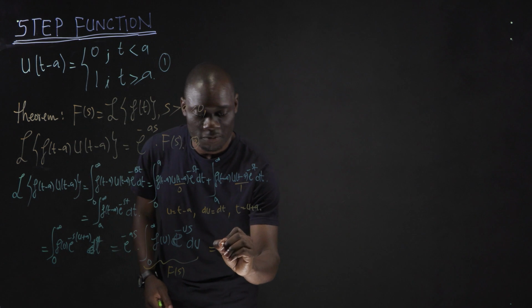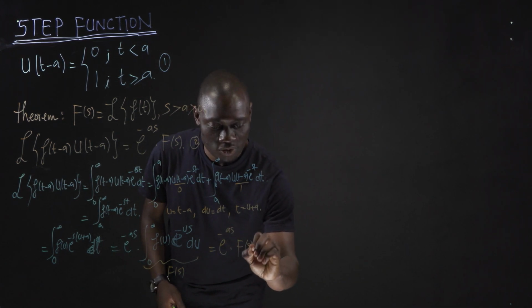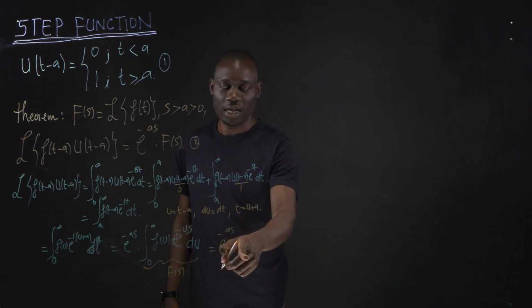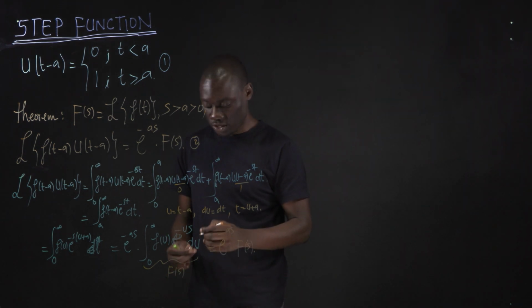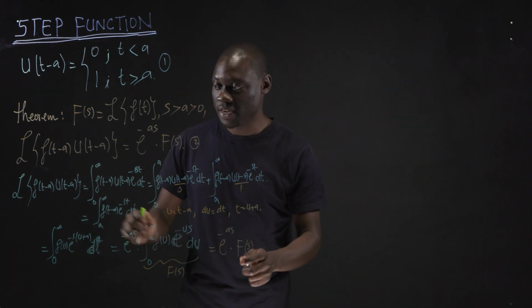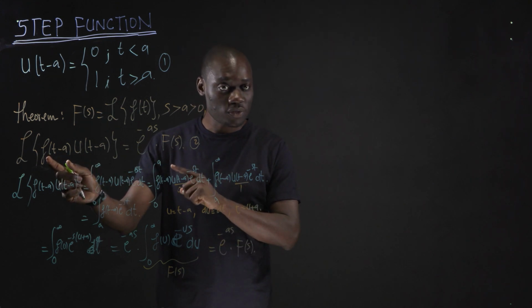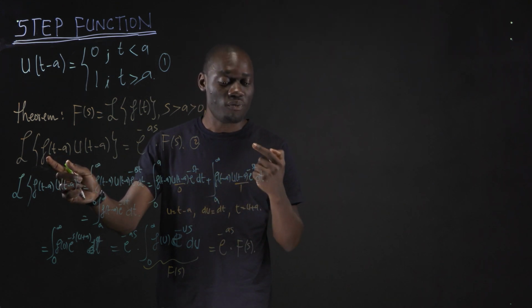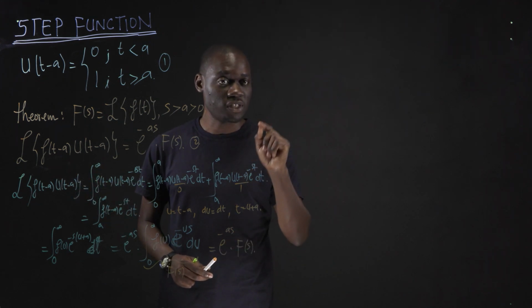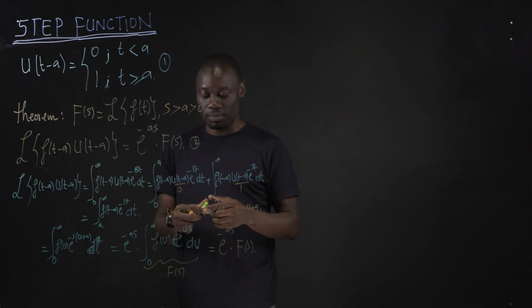So this integral finally gives e^(minus as) times the Laplace transform of the function f(t). It is important for you to know that even though at the very beginning we have f(t minus a), the Laplace transform that we find will be the Laplace transform of f(t), not f(t minus a).